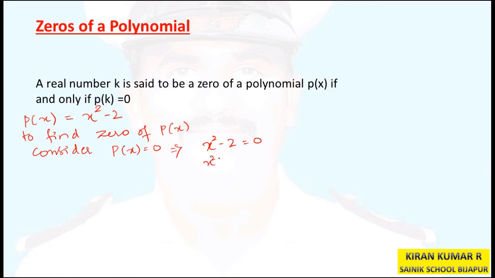We get x square as positive 2, x will be under root 2, in particular is plus or minus root 2. So it means positive root 2 and negative root 2. These are two roots. These two roots are real numbers. They are real zeros. Observe, the degree of the polynomial is 2 and we are getting 2 zeros here.